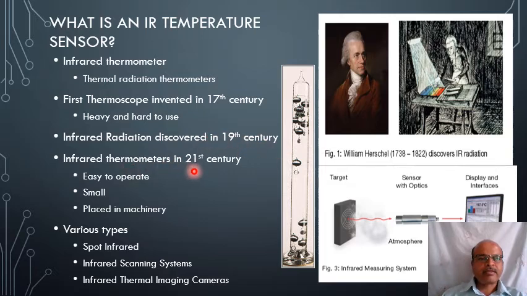Infrared thermometers developed in the 21st century are easy to operate, small, and can be placed in machinery. Various types of IR temperature sensors are available in the market: spot infrared, infrared scanning systems, and infrared thermal imaging cameras.